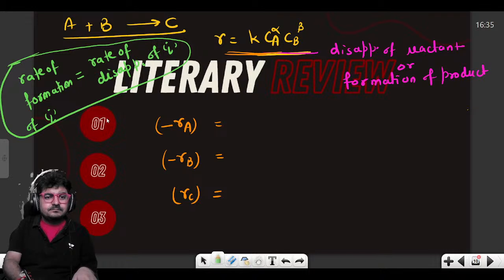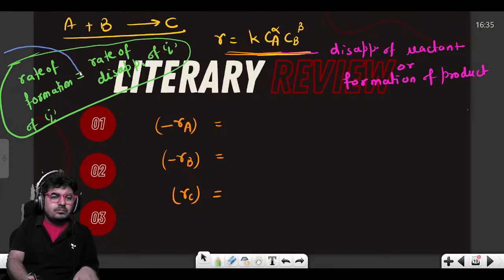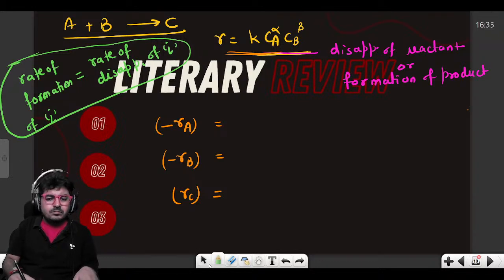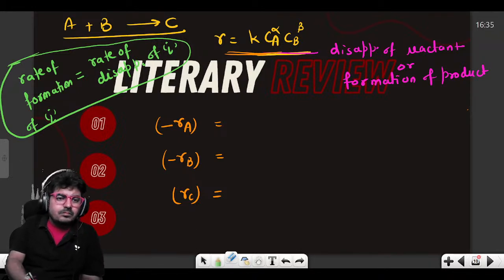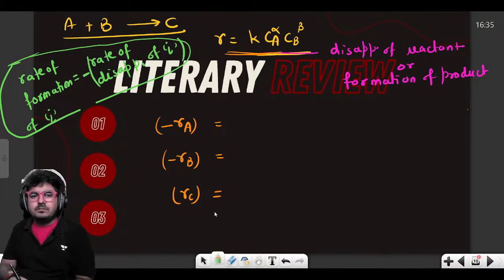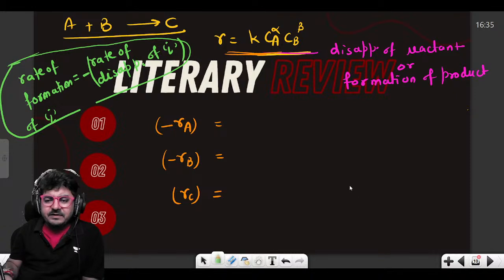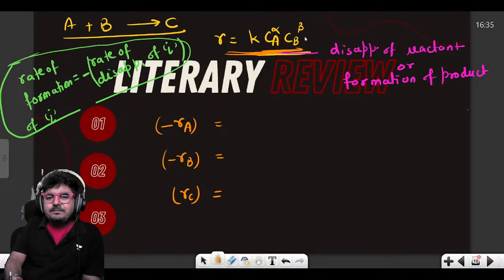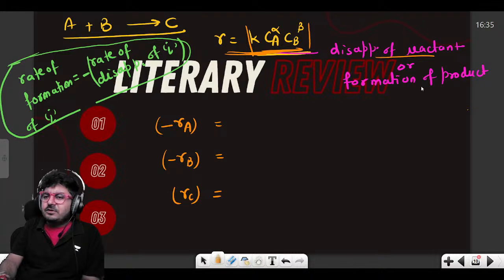Okay, let me fix this properly. Now it's better. So now let's see here. This right hand side part represents the disappearance of reactant and formation of product.